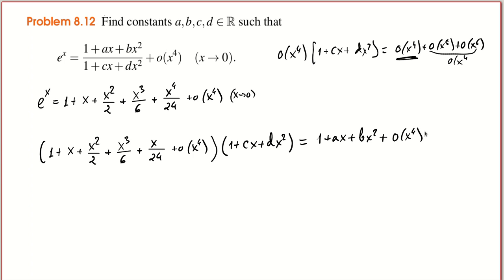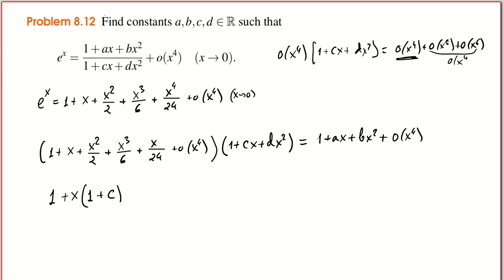Right, so now we have to perform this multiplication, and we're going to do it in powers. So let's multiply the 0th power, the 1 by the 1, so you get 1 here. Then for the power of x, we get x times 1, which is 1, and then 1 times cx, which is c.